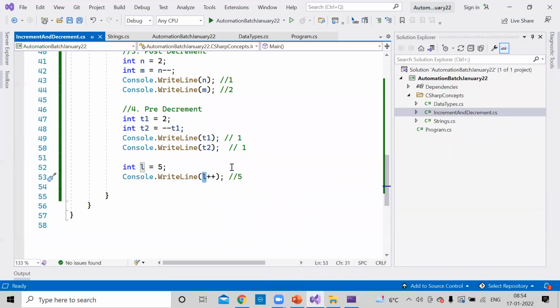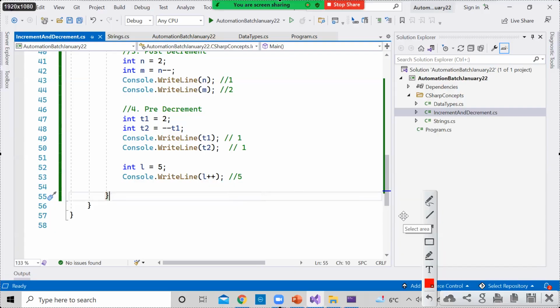first this value is getting printed, then after getting the result we are increasing this value. So this is working like that. Initially the value of l was 5. Then we come here, we have already printed the value.